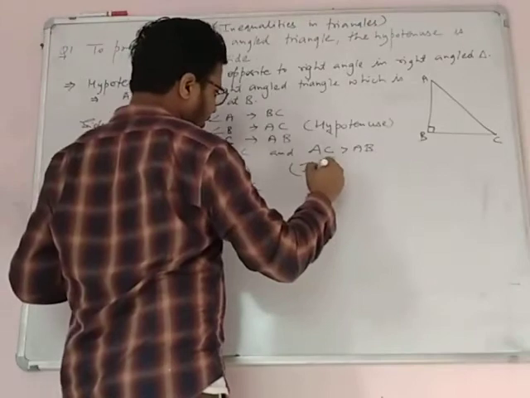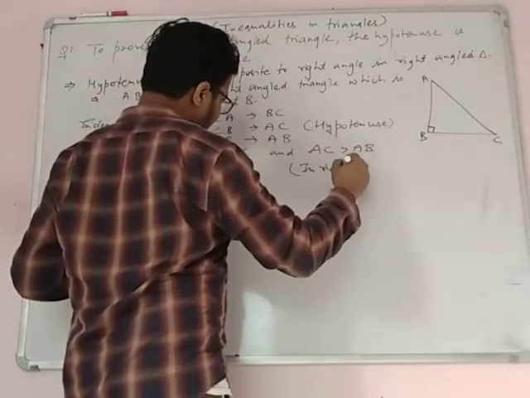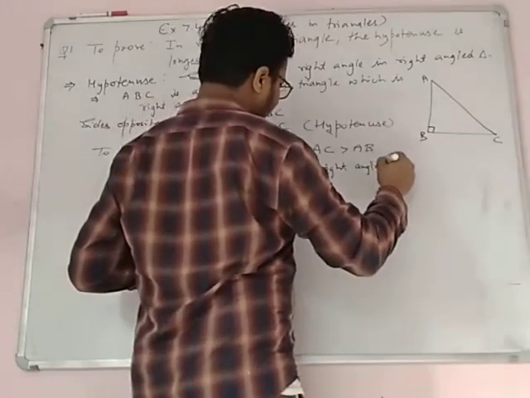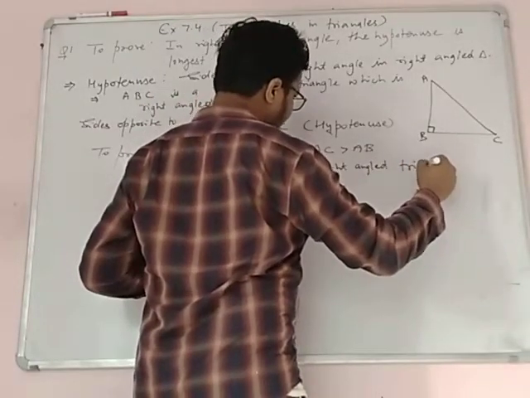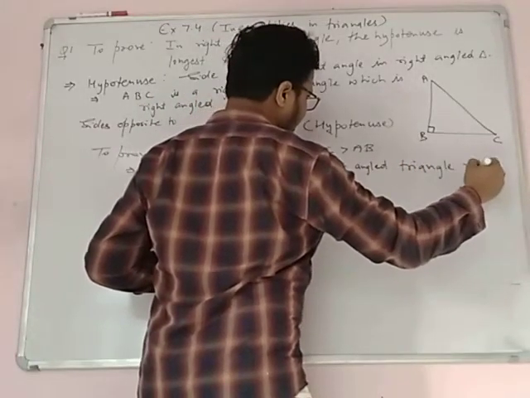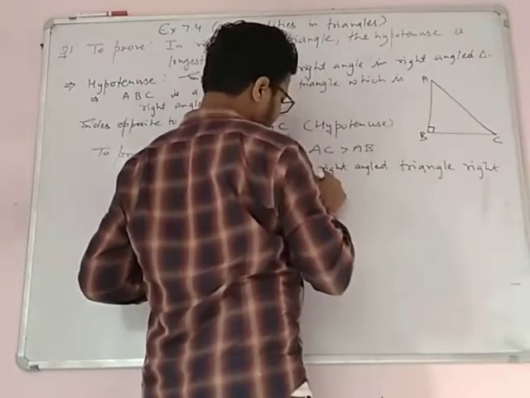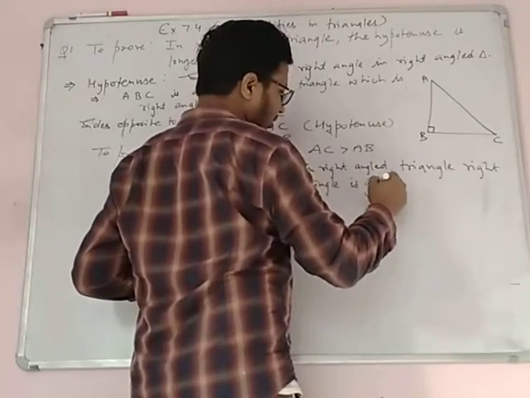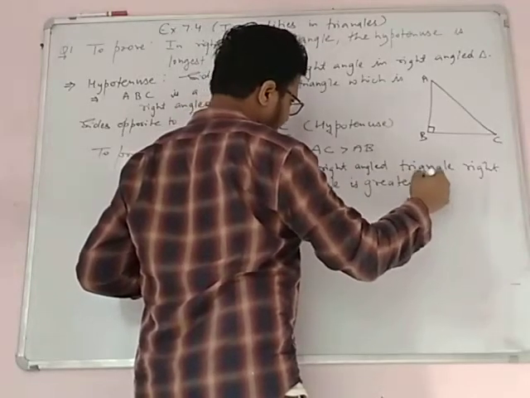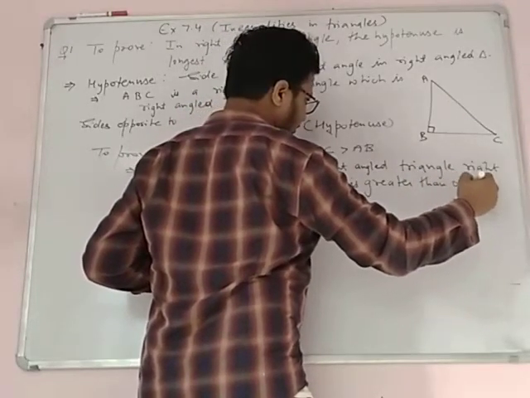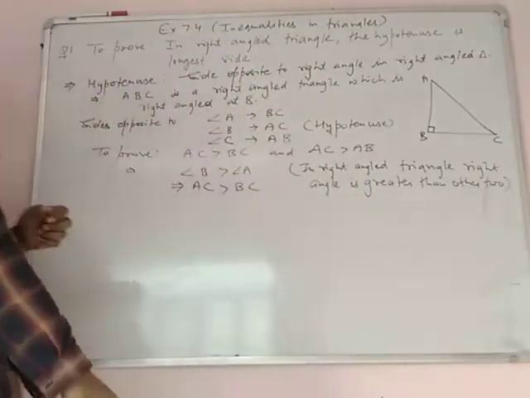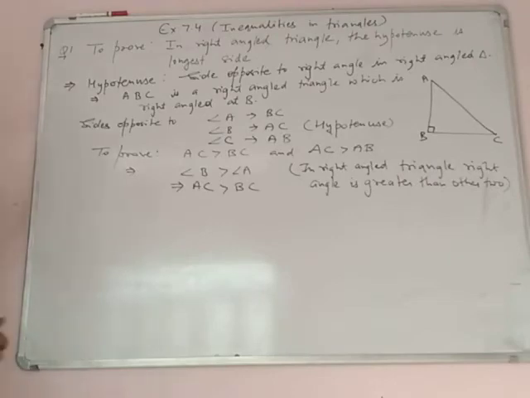In right angle triangle, the right angle is greater than the other two. Clear? That's the first.